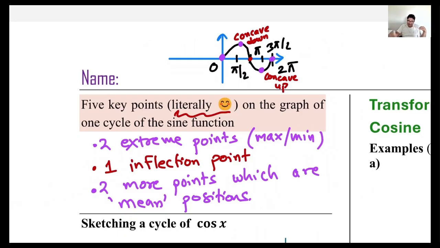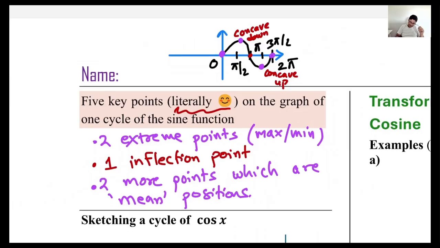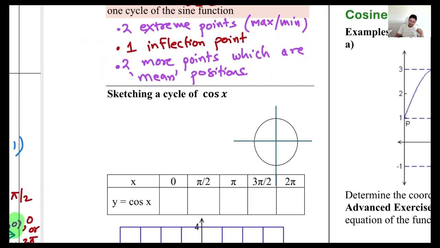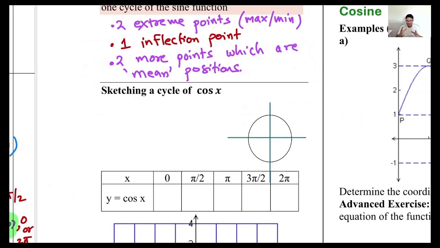And there are 3 points on the graph which have that mean or average value. One of them is also an inflection point. The two others are the average or mean position points. So these are important points in the graph. We are studying the graph, all different features of it.